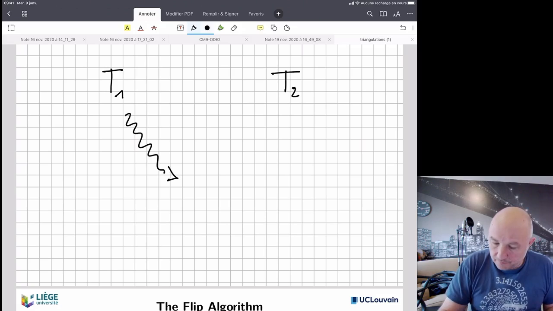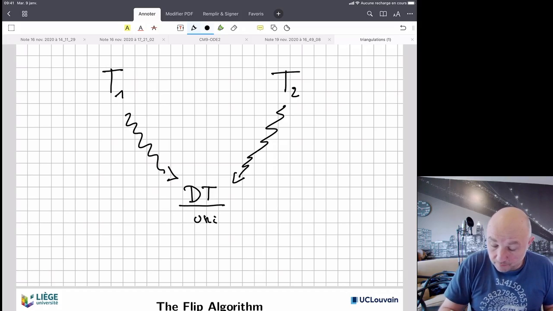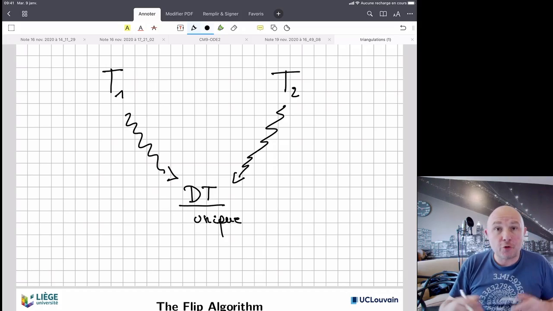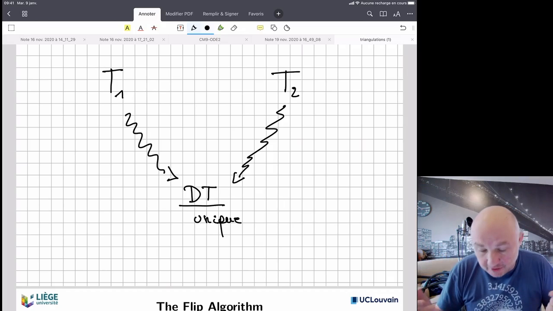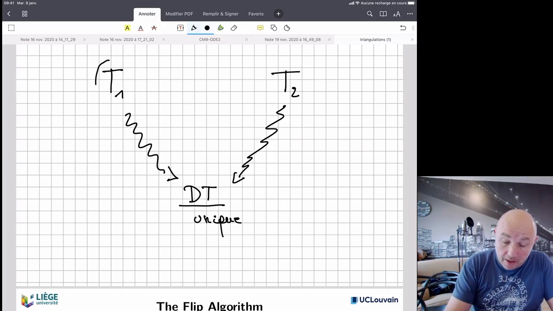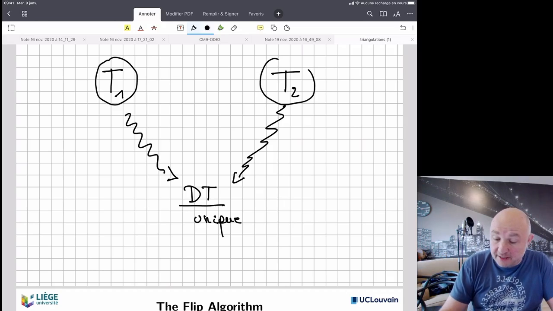You can go from T1 and T2 to the Delaunay triangulation. That is unique. Why? Because Voronoi is unique. So if Voronoi is unique, the Delaunay triangulation is unique. So for T1 and T2, two different triangulations, you can reach this Delaunay triangulation by doing flips.